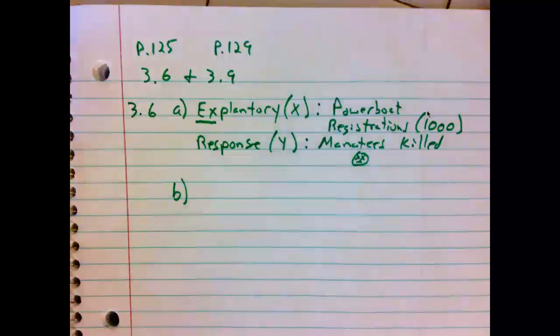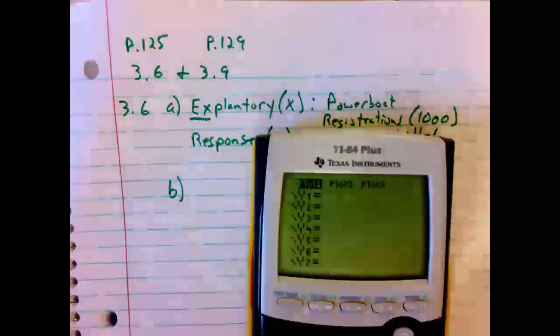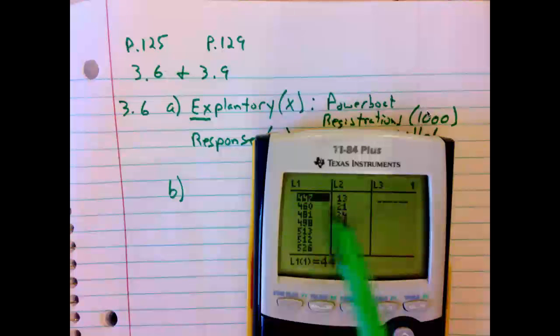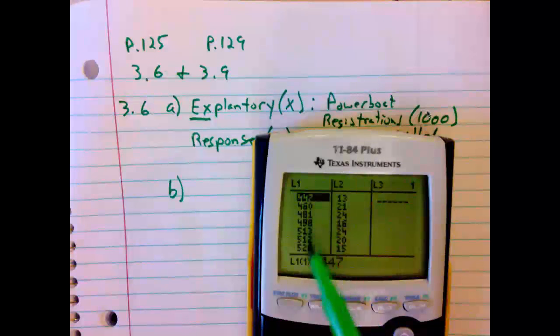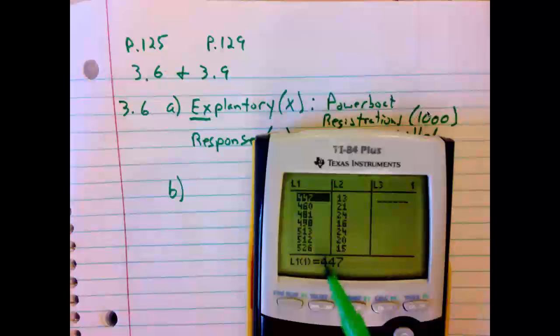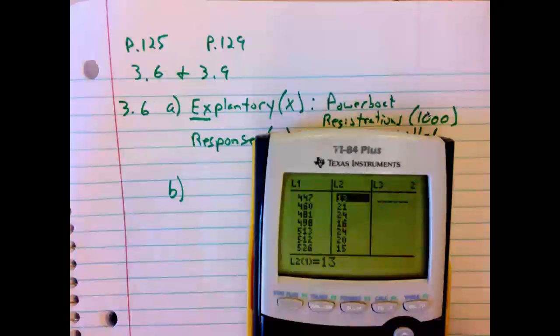Okay, so at this time, in Stat, Edit, in List 1 you should have the list of power boats registered. In List 2, we have manatees killed. So this first pairing, 447, 12, that is 1997. 447,000 power boats were registered, and 13 manatees were killed.